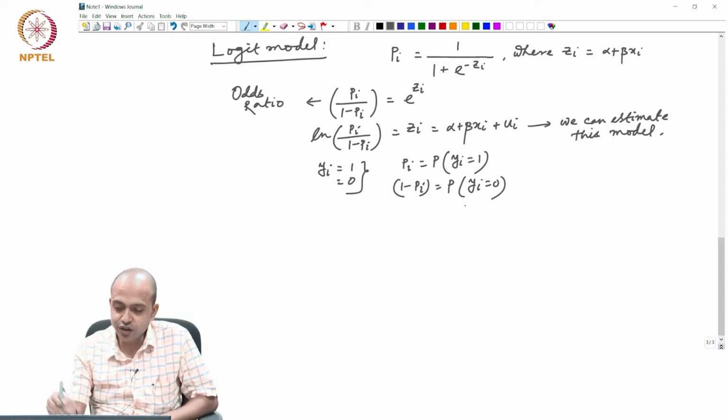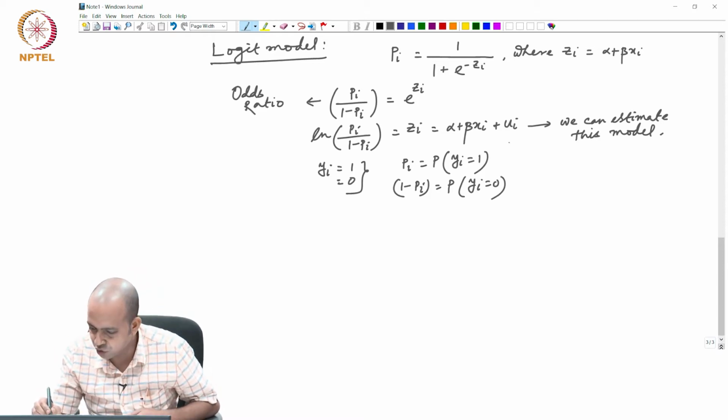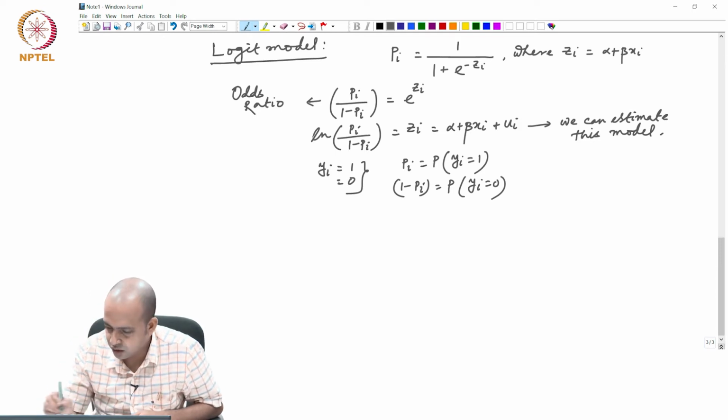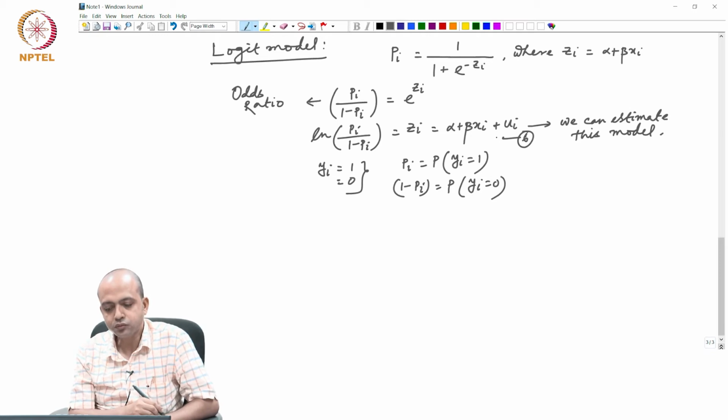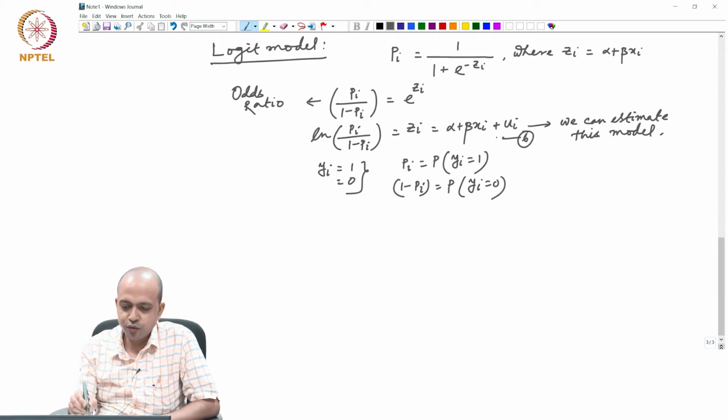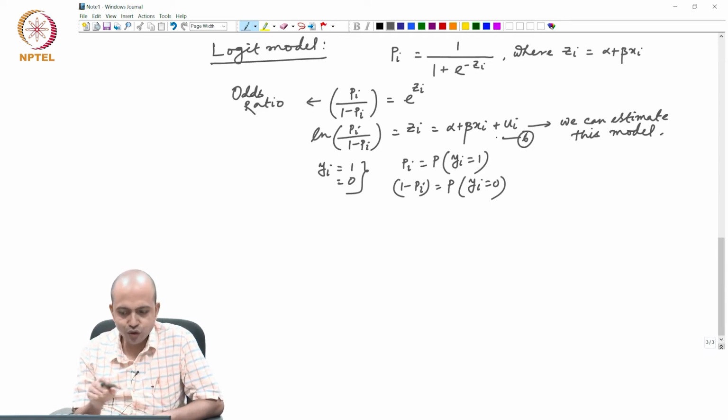Now, to estimate this model, let us say this is model 6. First of all you need information on the dependent variable. We do not have information on Pi, rather we have information on yi.